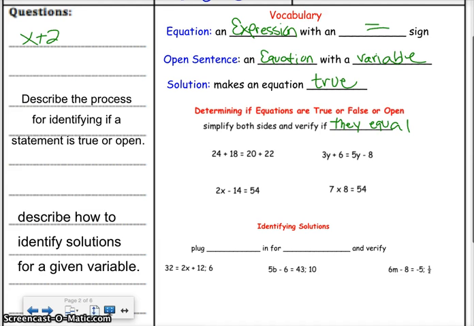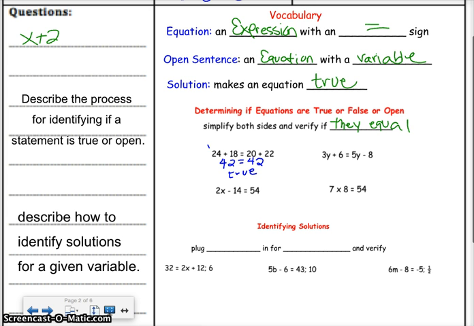So, first one, 24 plus 18, does that equal 20 plus 22? Well, I don't know 24 plus 18 in my head, so I'm going to just quick do that. 8 plus 4 is 12, carry the 1, 2, 3, 4. Does 42 equal 42? Yeah, so this is a true equation.